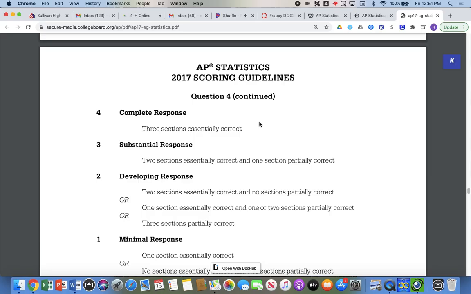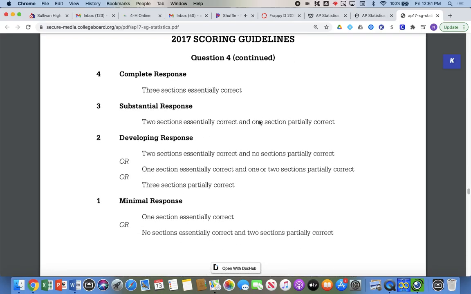So if you had E's on each part, you give yourself a 4. If you had 2 out of the 3 sections, so if you had 2 E's and a P, that is a 3.